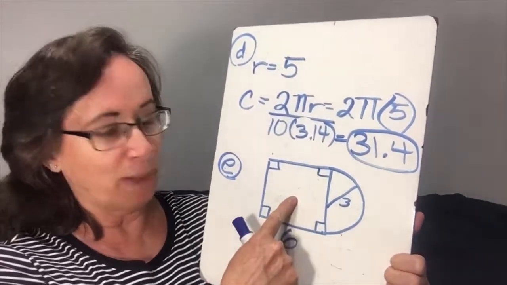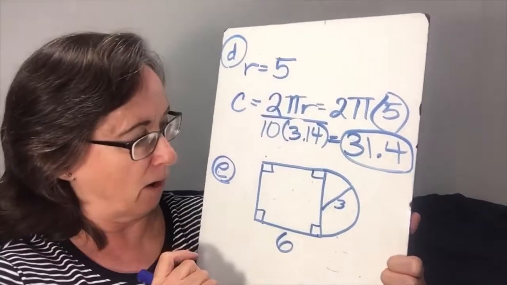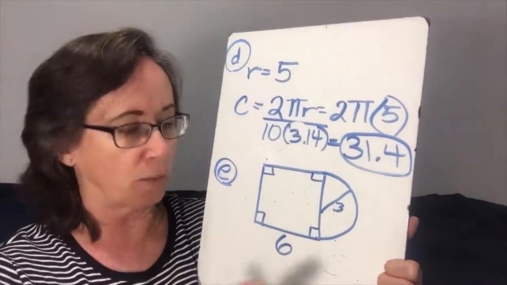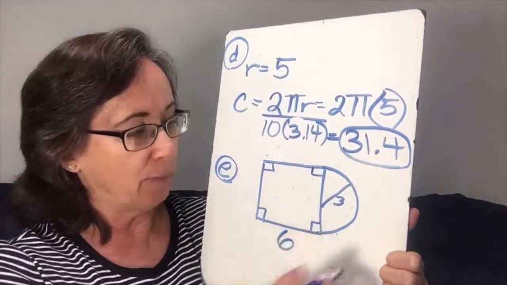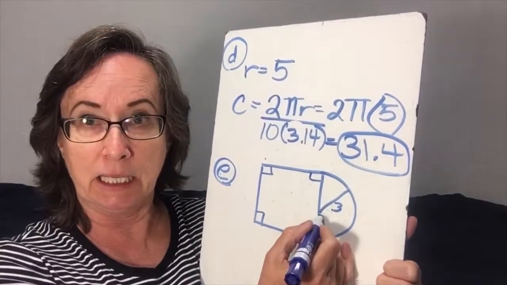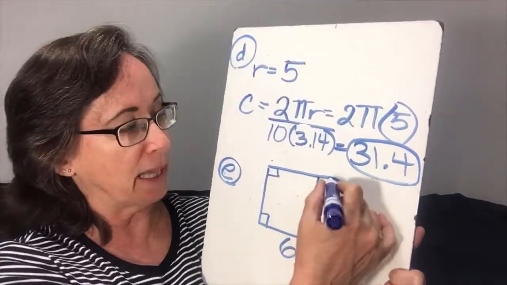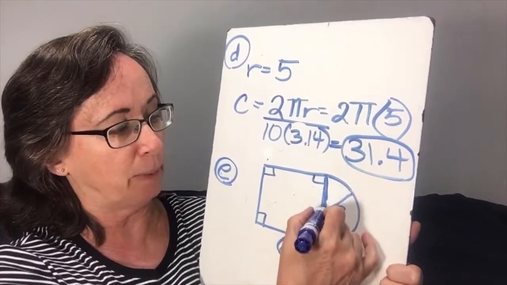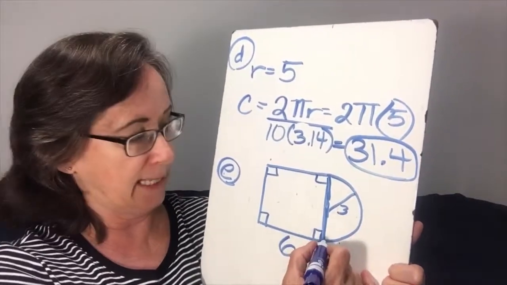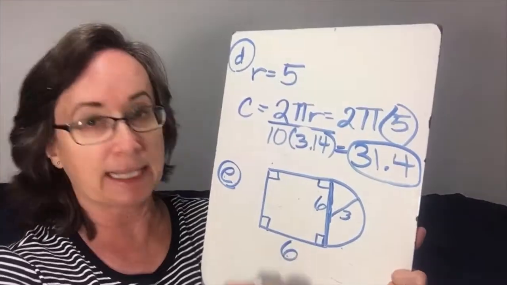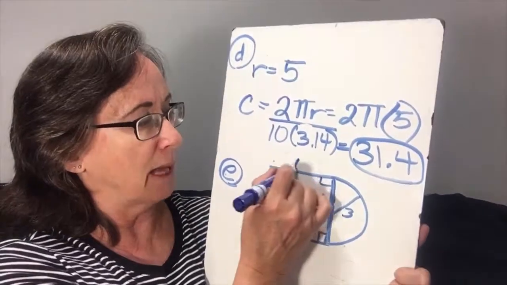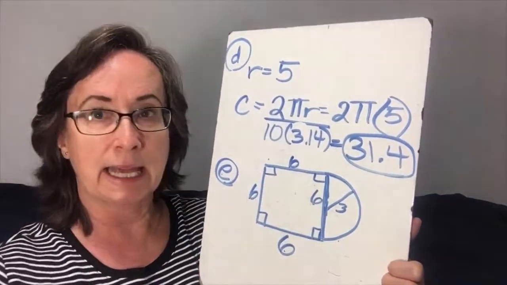Okay, and then we have something that looks like a square on E, but we don't know it's a square till we look over here and we see our radius is 3. Since our radius is 3, that means this side is 3 plus 3, which is 6. So since I have 6 here and 6 here, it is a square. So that means this is 6 and this is 6.